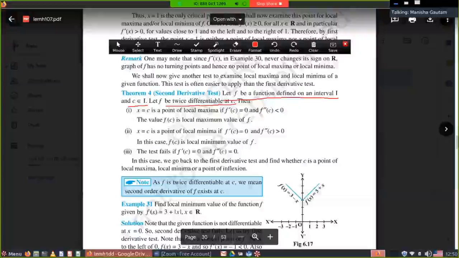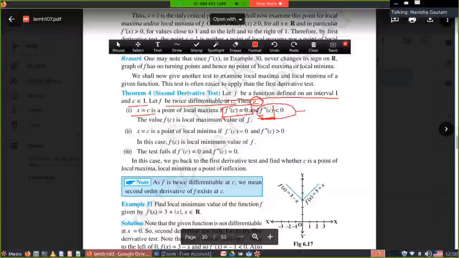In the previous method, you got the first derivative and put it equal to 0. From that you get critical points, and after that take the derivative of the first derivative. It means you get the second derivative of the function and put those critical points in this derivative.